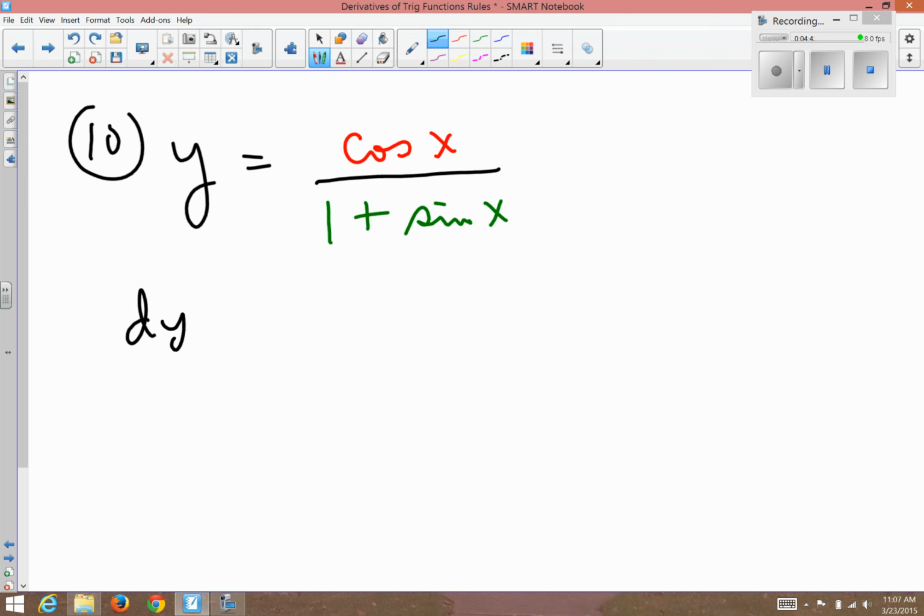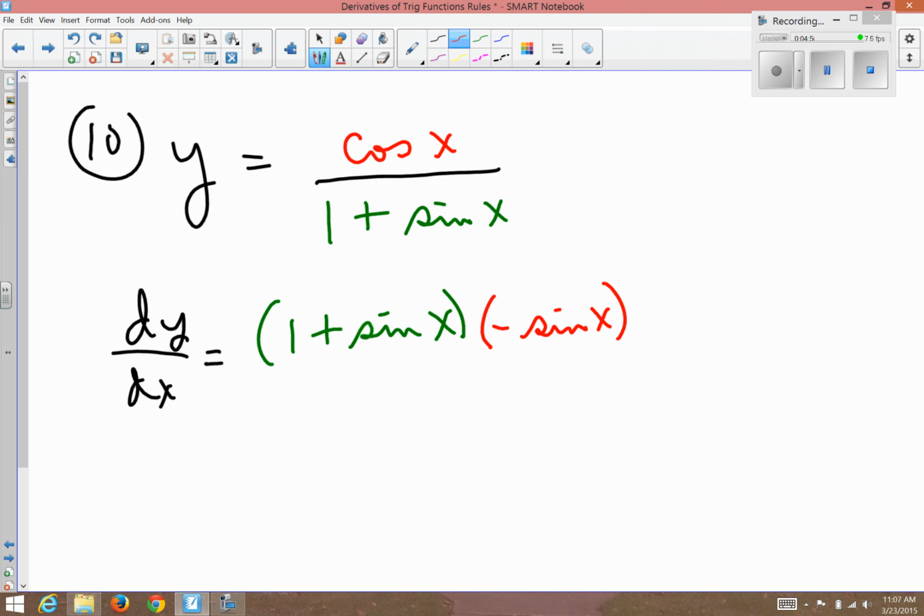The derivative of y with respect to x is the denominator times the derivative of the numerator. I just used the second rule on that list of rules.